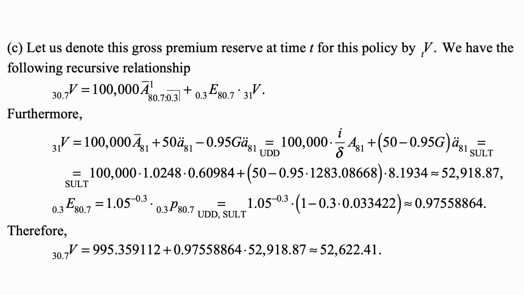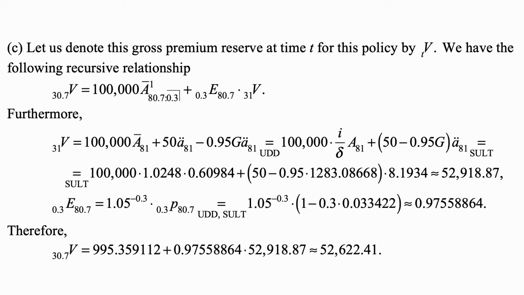For part C, let's denote the gross premium reserve at time t for this policy by tV. So we have this recursive relationship that 30.7V is equal to 100,000 A bar 80.7 colon angle 0.3 with a 1 above 80.7 plus 0.3E 80.7 times 31V.